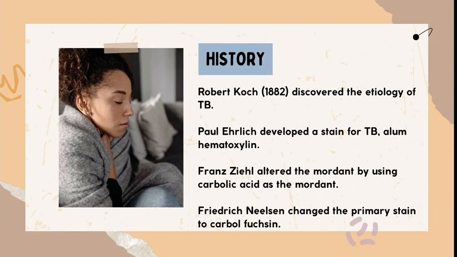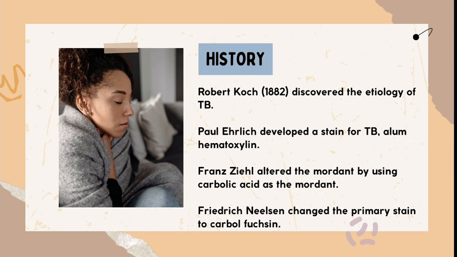For the history, it was Robert Koch in the year 1882 who discovered the etiology of tuberculosis. Later on, Paul Ehrlich developed a stain for TB which he called alum hematoxylin. Then Franz Ziehl altered the mordant by using carbolic acid as the mordant, while Friedrich Neelsen changed the primary stain to carbolfuchsin, though using the same mordant.